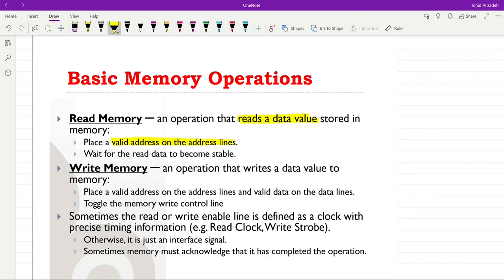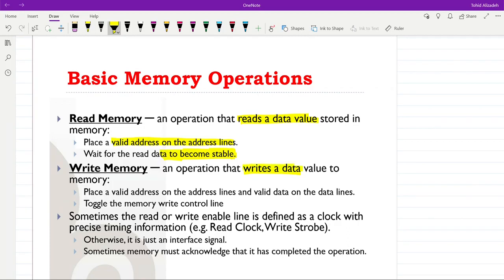And then we need to wait for the read data to become stable. So when the data is read and written into an internal register by the CPU, then the operation will be completed.